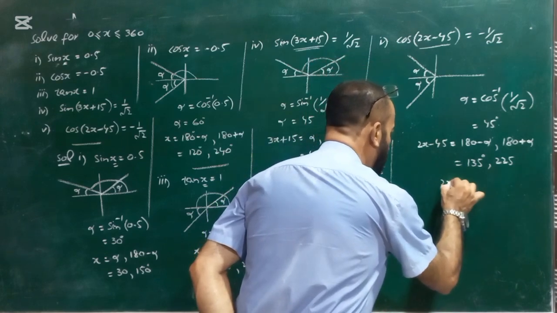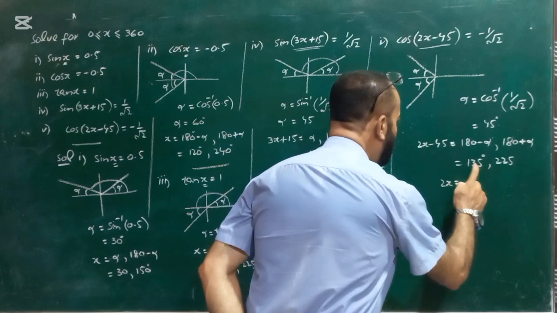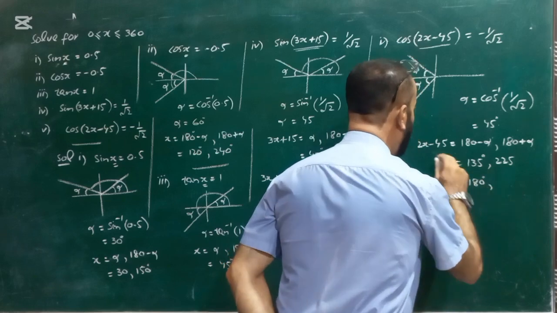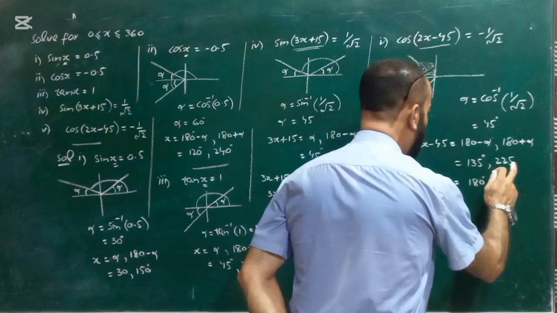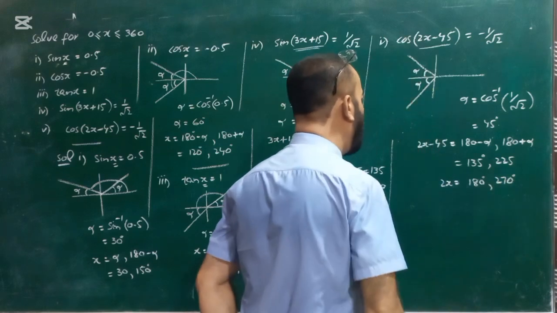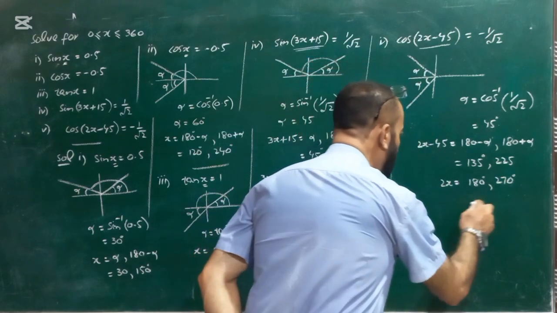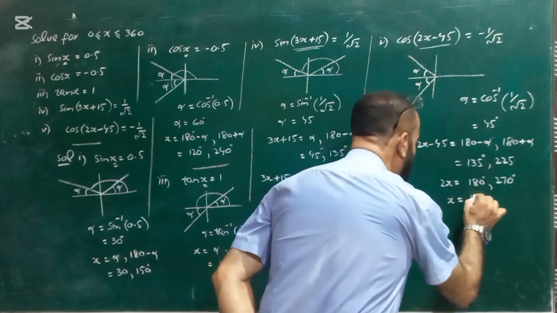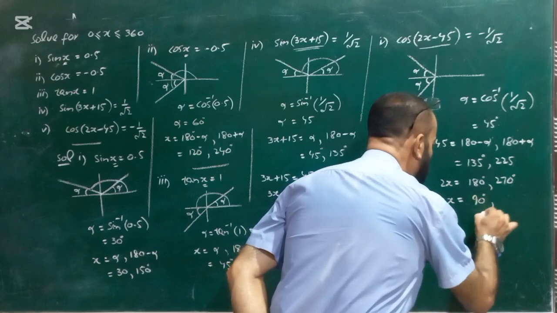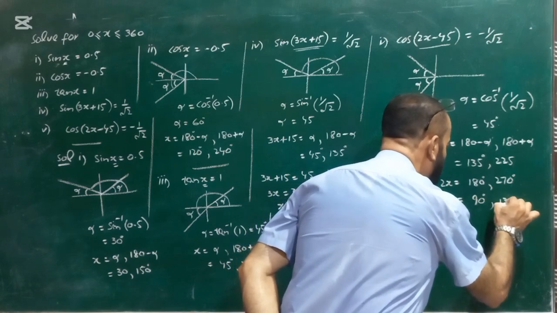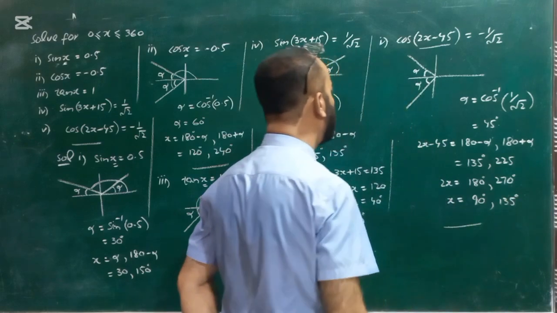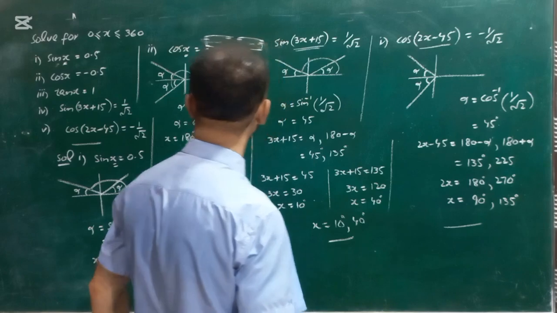So on the left hand side we have 2x now. When this 45 is added to 135, it will become 180. And when 45 is added to 225, it becomes 270. Then 2 will go to the denominator of both values, so it will be equal to 90 and 0, and 135. So these are the answers of this question in this range.